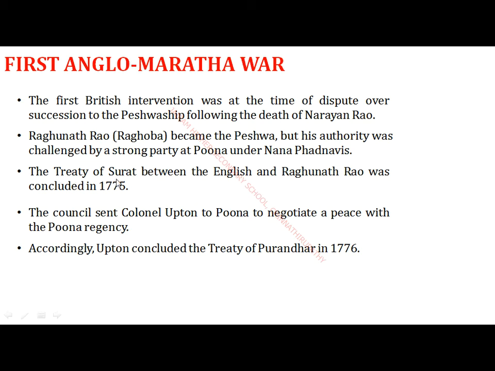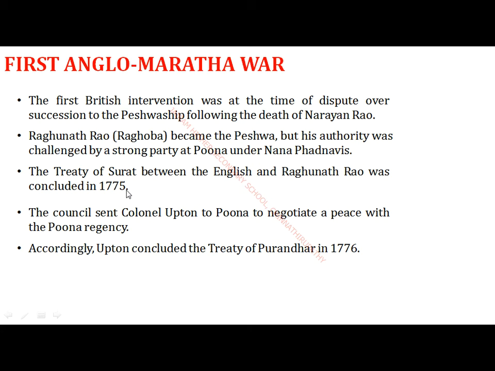So here the Britishers became involved in the Treaty of Surat with Raghunath Rao. If the Britishers were to help Raghunath Rao become the Peshwa, he would have to accept whatever demands the English put forward.